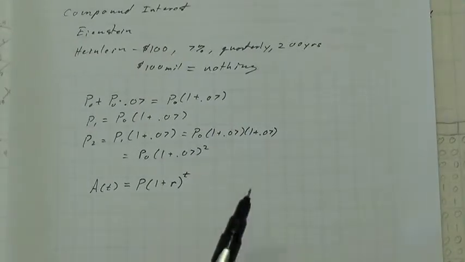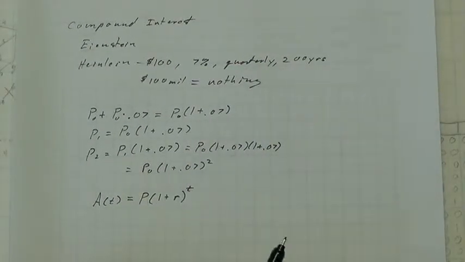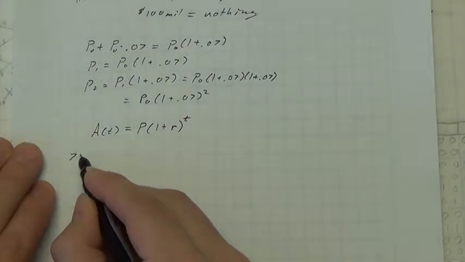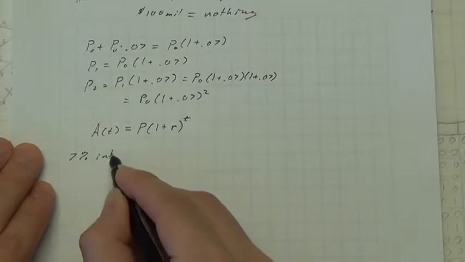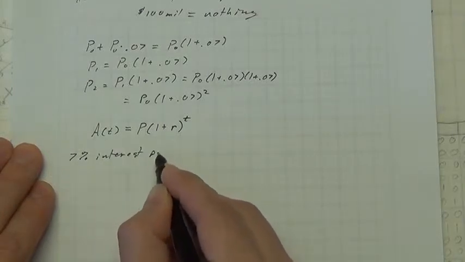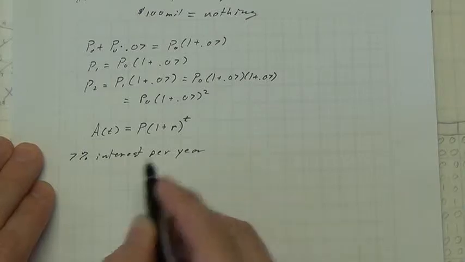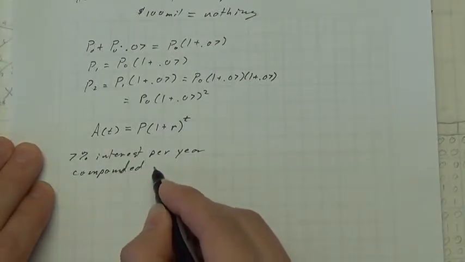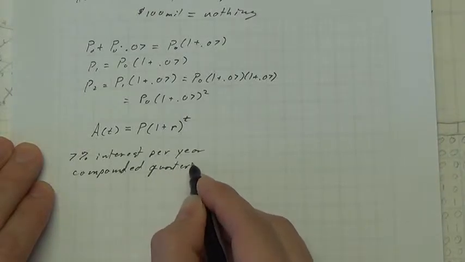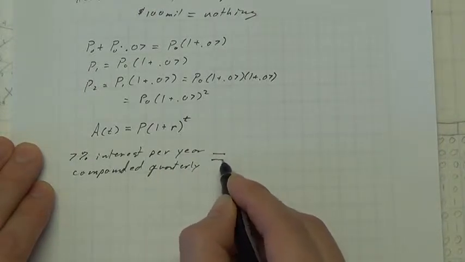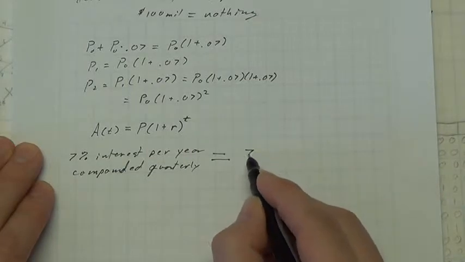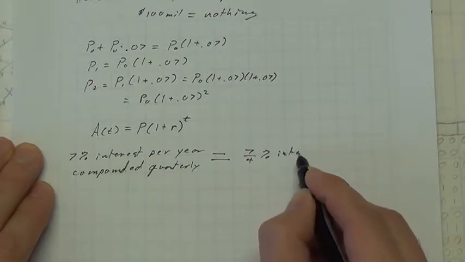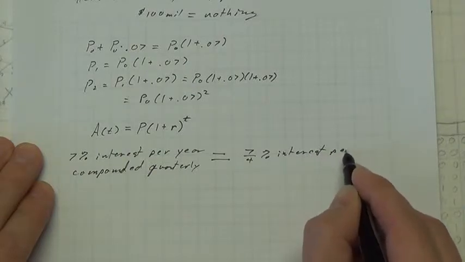Now, Heinlein said something about compounding quarterly. Well, how does that work? Well, 7% interest per year, compounded quarterly, is exactly the same as 7/4% interest per quarter.